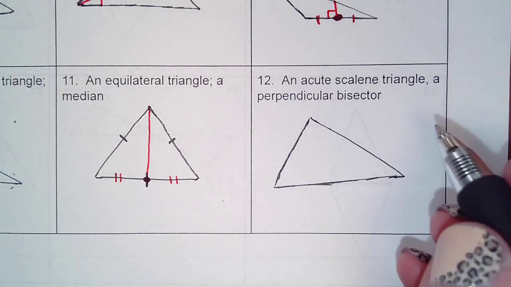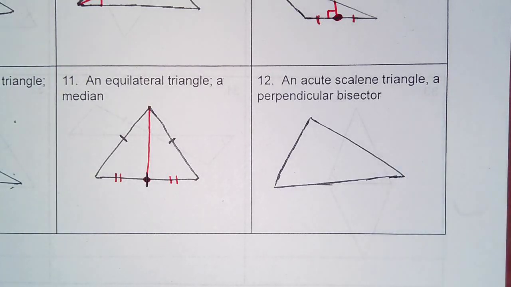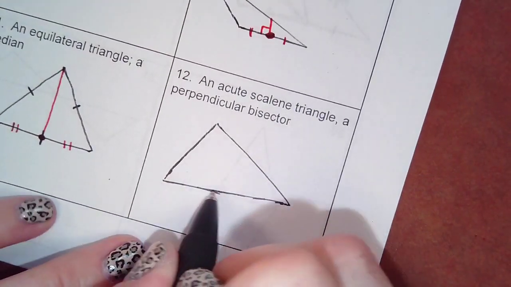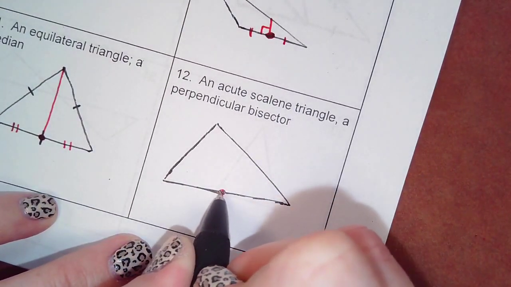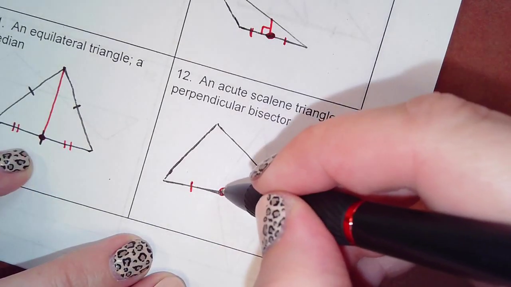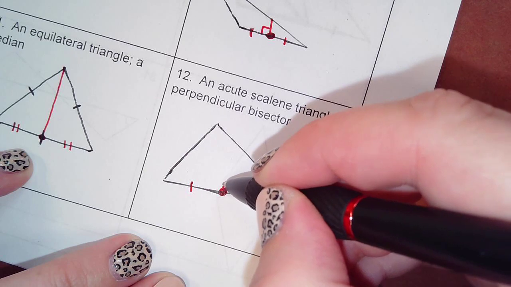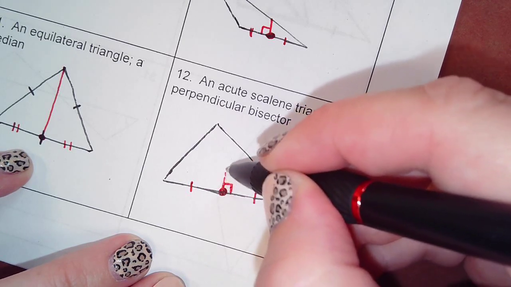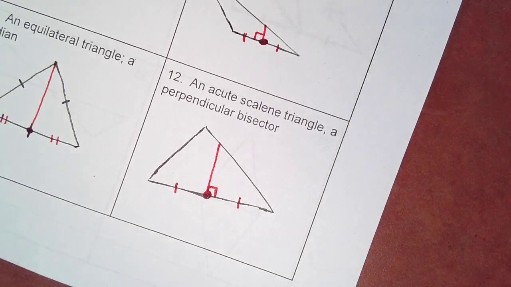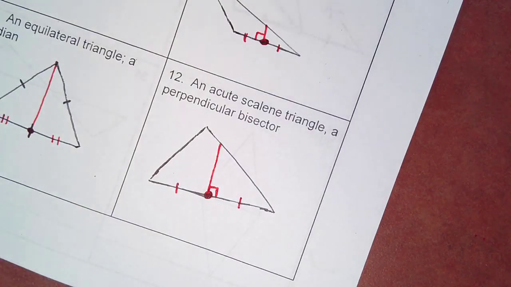We want to draw a perpendicular bisector on this. So on here, I'm going to draw the midpoint on this segment, denoting that it's cutting it right in half. And I'm going to go create my 90-degree box and go straight up from there, like so. Okay.